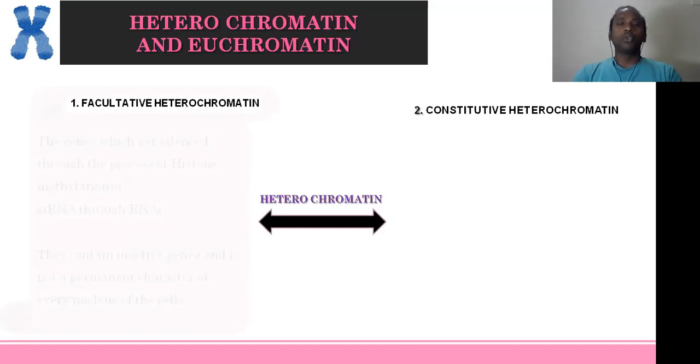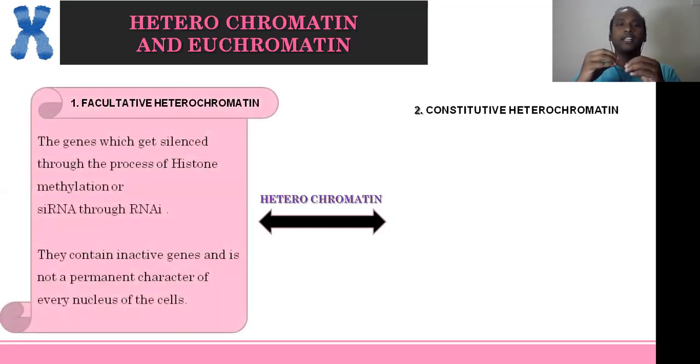So if you see the facultative heterochromatin, the name itself indicates the genes which get silenced through the process of histone methylation or RNA silencing, right? So the heterochromatin region is temporarily silenced with the process of histone methylation or RNA interference.